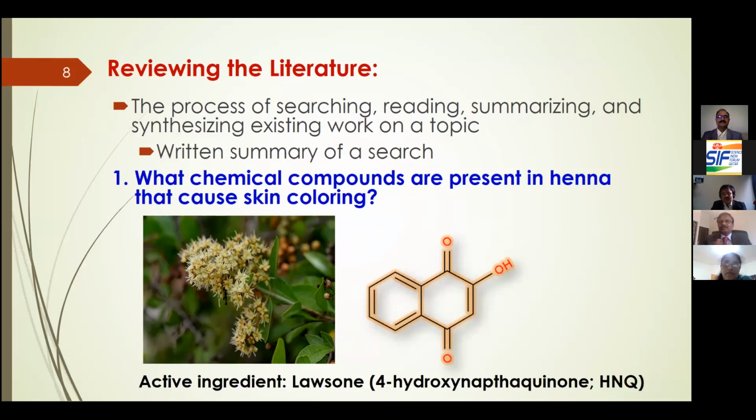You may not have seen these kinds of molecules before, but bear with me, I will give you some ideas. So the molecule that you see here is named lawsone, and it is also called 4-hydroxynaphthoquinone, abbreviated as HNQ, and this compound is present in the leaves of the henna plant. So this is what we found out.